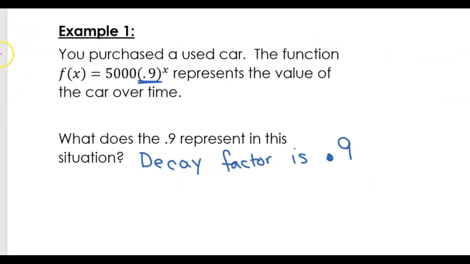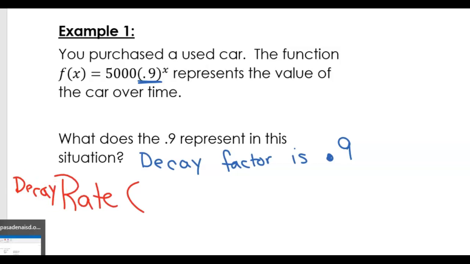So the decay rate, I should write decay. The decay rate is 1 minus the 0.9, and then you multiply it by 100 to turn it into a percent, because rate means percent.